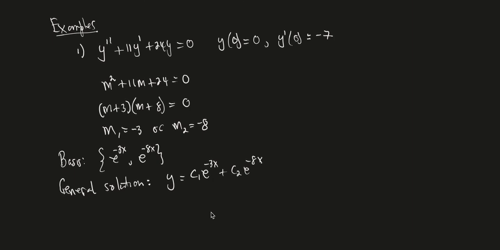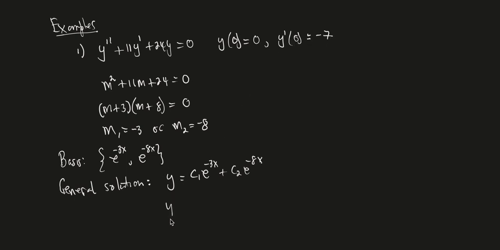Now, if we want to find the particular solution that's satisfying this set of initial conditions, well, if you notice, one condition uses y, which we already have. The other condition uses y prime. So in order to apply this second condition, I will need to find y prime.